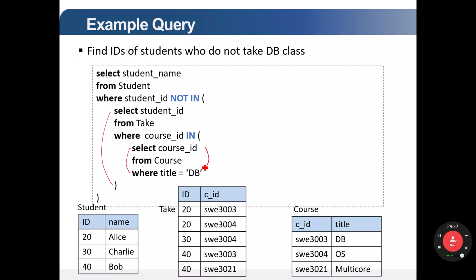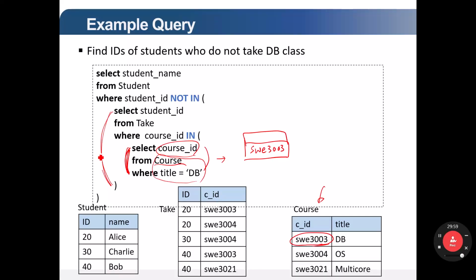So what we do here is we first access course table and check course ID of database course. So this record will be selected here. SW3003 will be selected. This is the output of this innermost query.